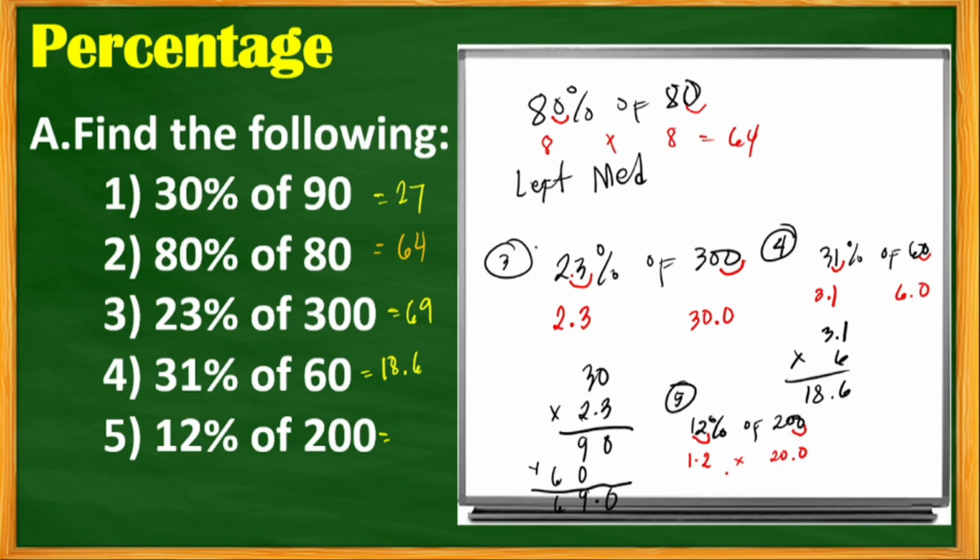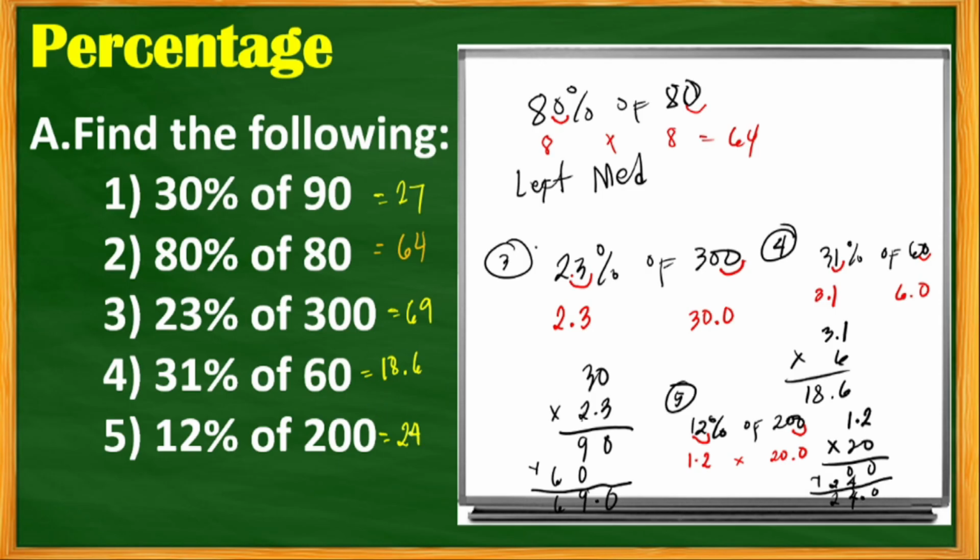Then multiply 2 by 20. 0, 0, 2 times 2, 4, 2 times 1 is 2, then add 0, 4, 2. How many decimal places? We have 1, so the answer is 24.